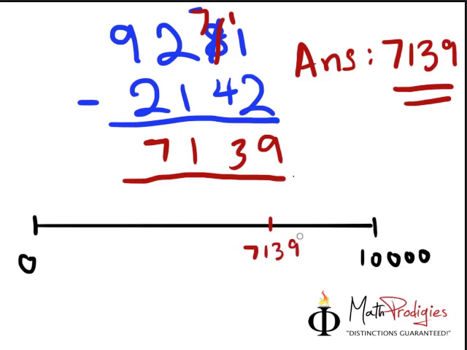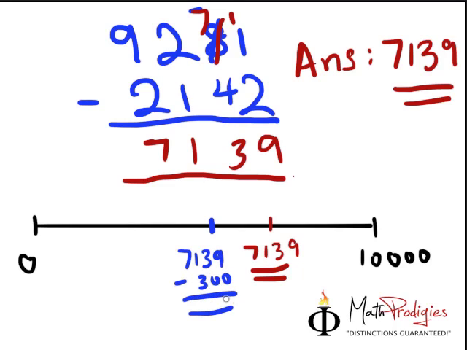Now it says that this number is 300 more than a particular number. So more than something else. If this number is more, that means the other one must be less. By how many? By 300. So the number that we're looking for should be somewhere here. So which is 7139 minus 300.